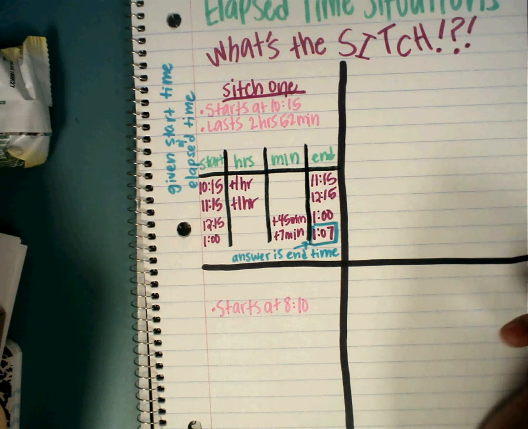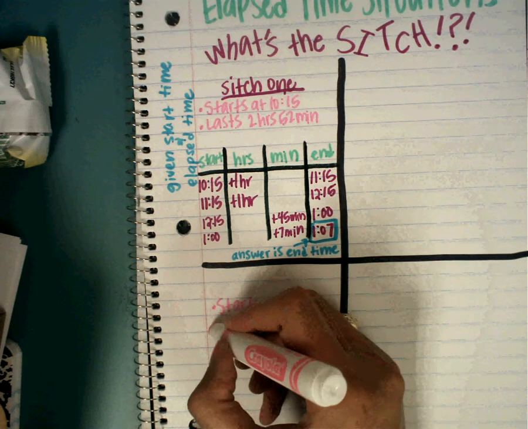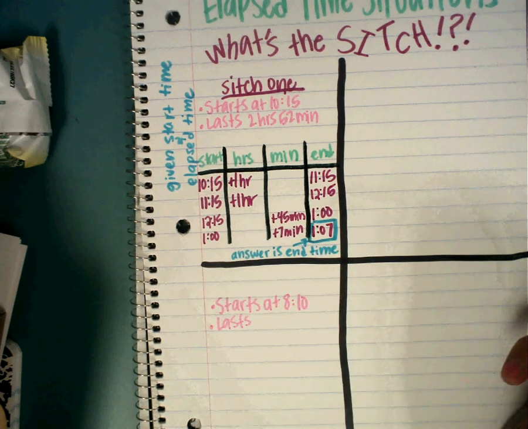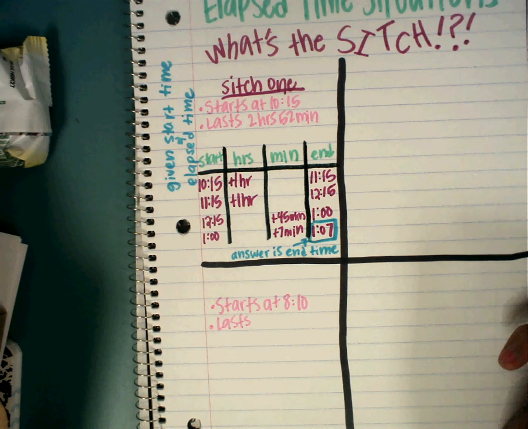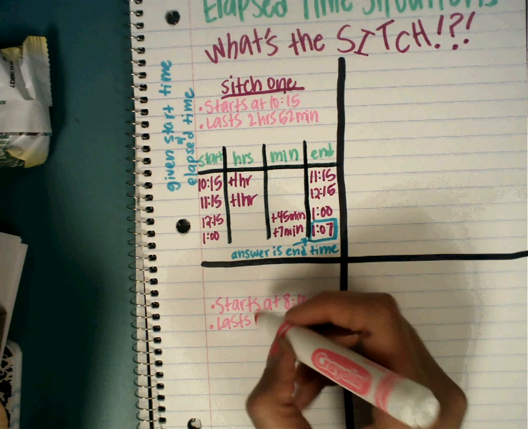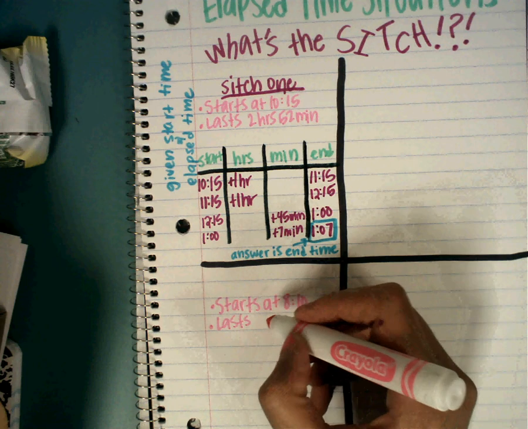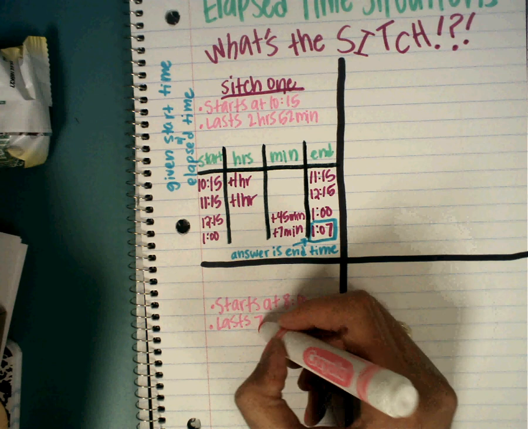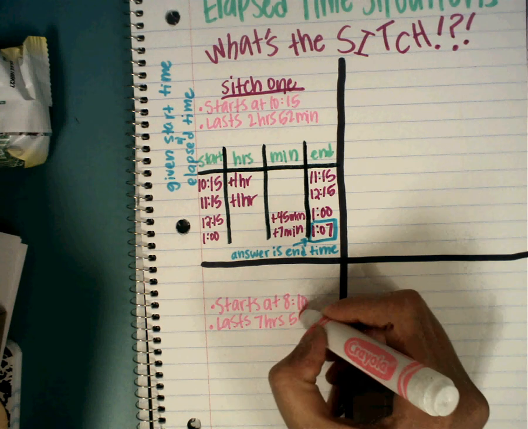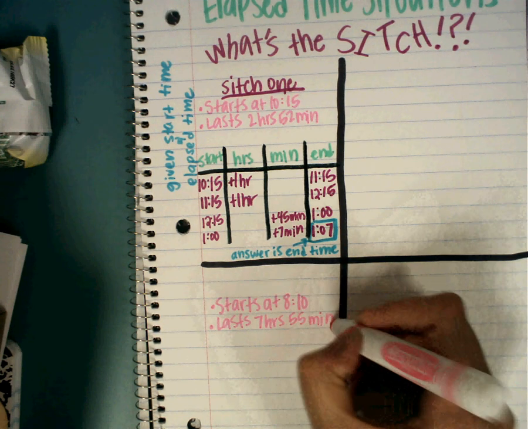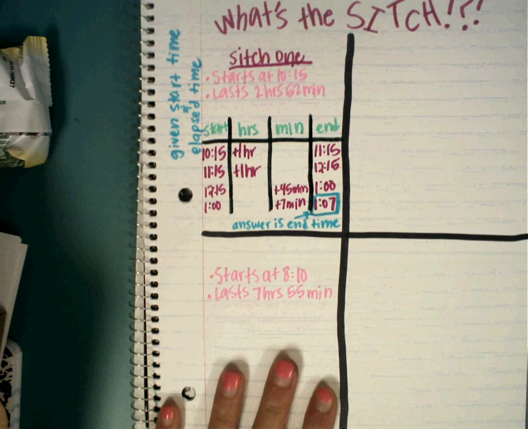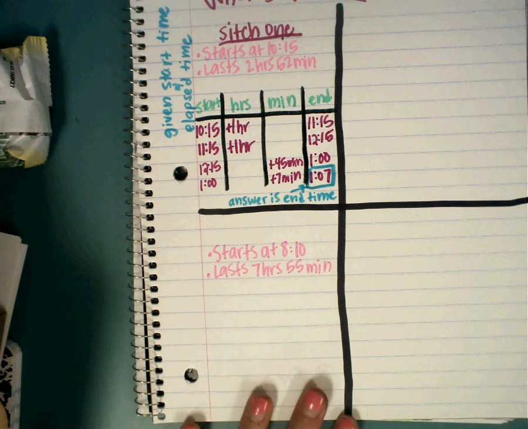Lasts for 7 hours and 55 minutes. 7 hours, 55 minutes. Okay, and you have to find the end time. That's going to be your answer, is the end time. So you can go ahead and do your triple T chart and figure that out, and then pause the video, come back, and then we'll do Sich 2.